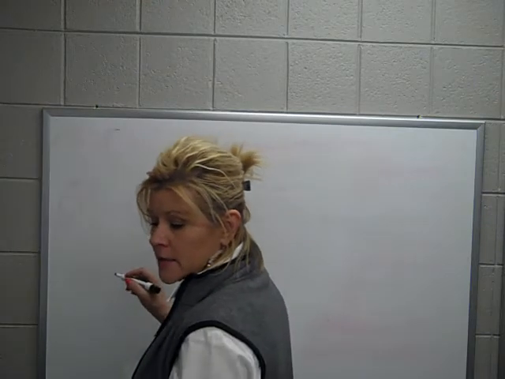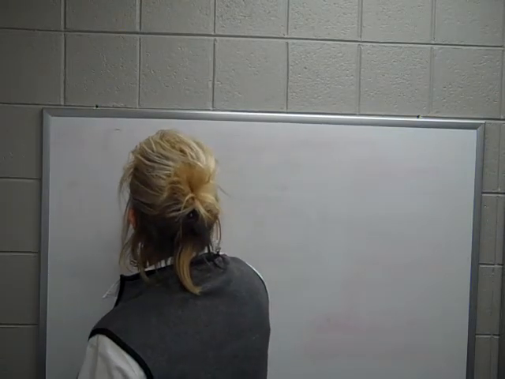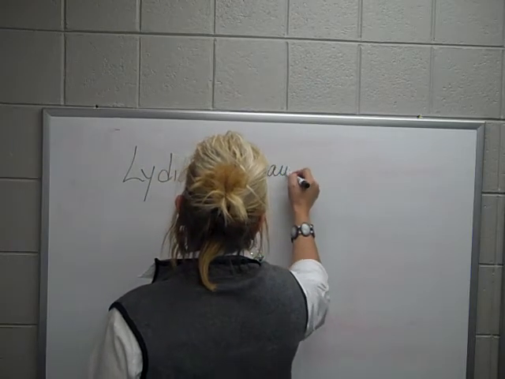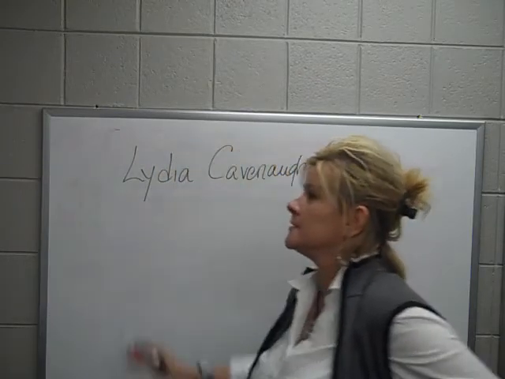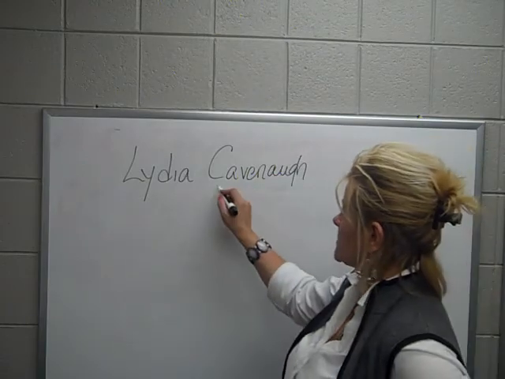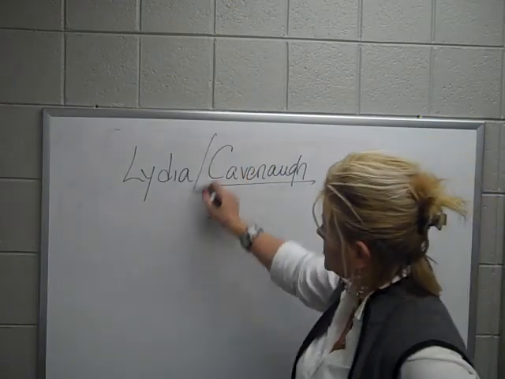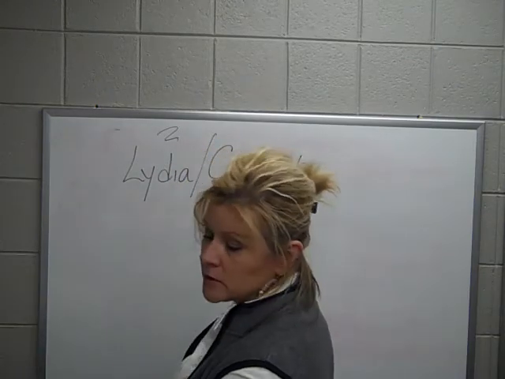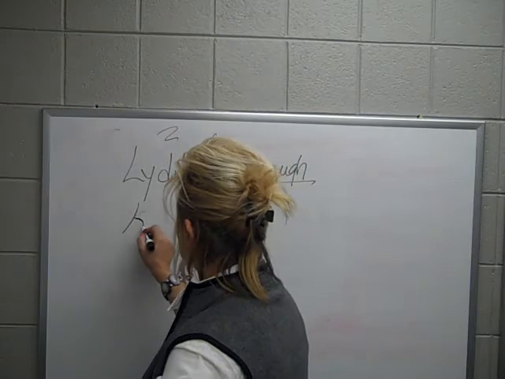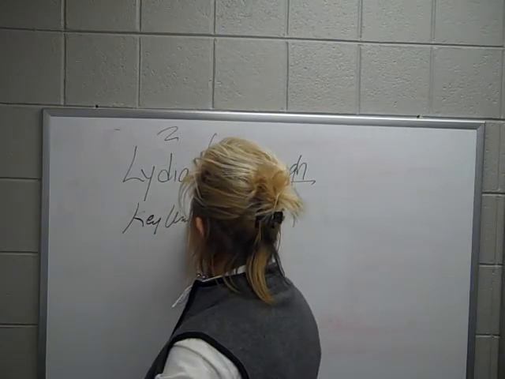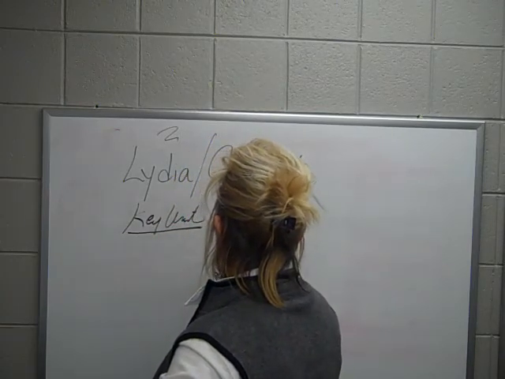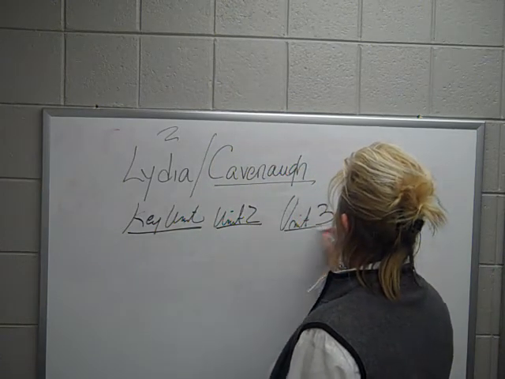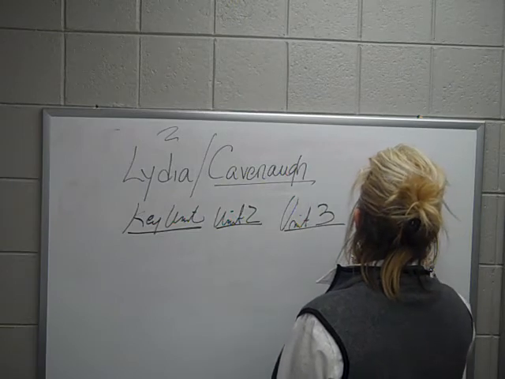So we got Lydia Kavanaugh. Okay, this is a name. So her last name is Kavanaugh. We're going to underline it, draw a diagonal, 2. So in your book it says, what's the key unit? Key unit, unit 2, unit 3, unit 4.